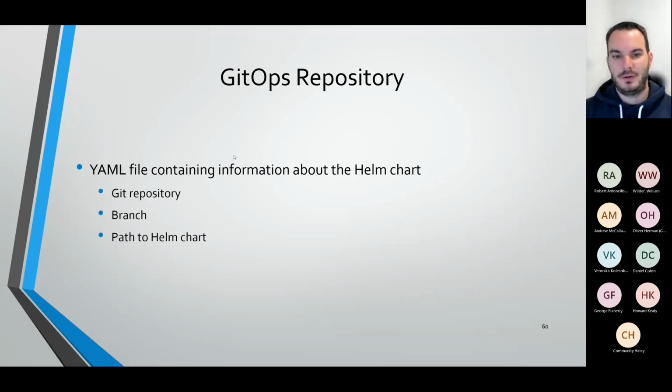As I said before, we use 2 Git repositories, one for the application and the other one for the GitOps configuration. The most important file is a YAML file, which describes where the Helm chart is, in what branch it should look, what path, and what Git repository.